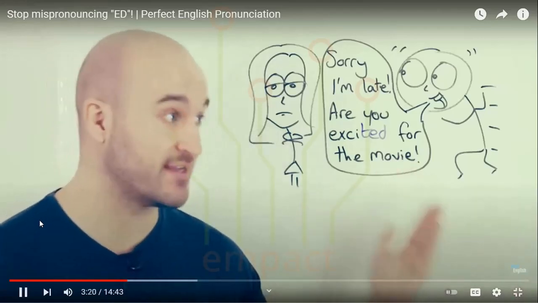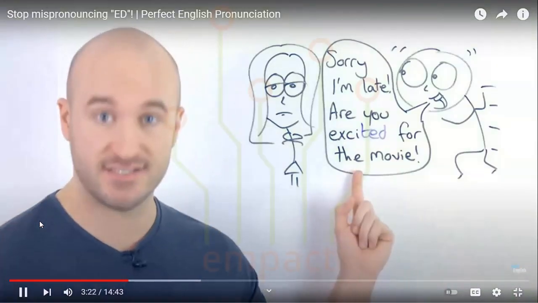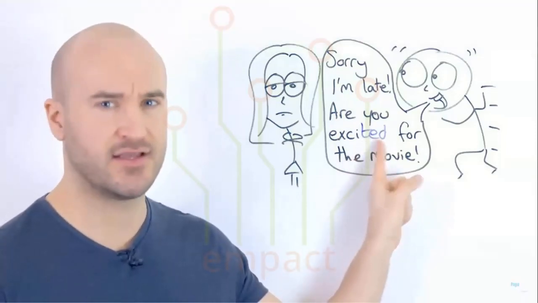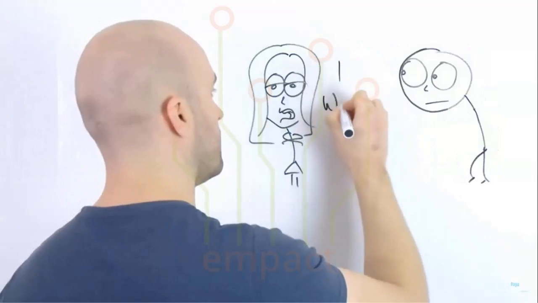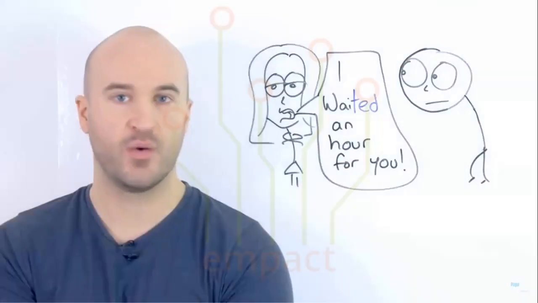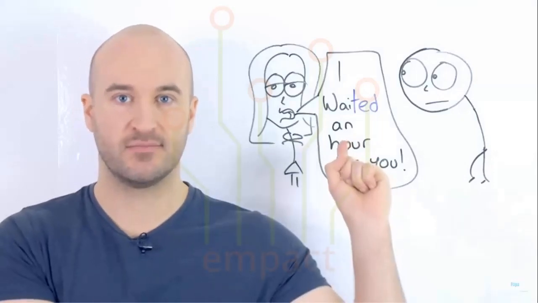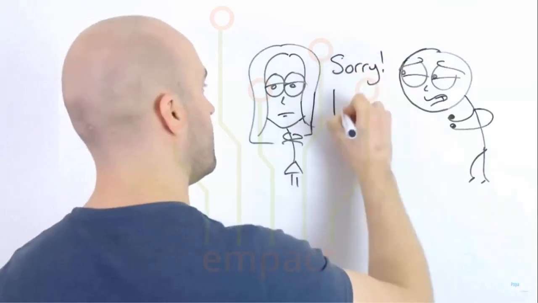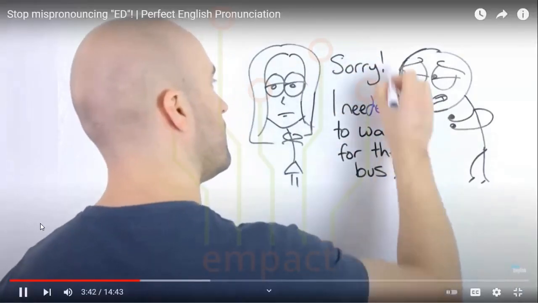Sorry I'm late. Are you excited for the movie? Excited. That's a t sound. So the ed, id. Excited. I waited an hour for you. Waited. T, id. Waited. I'm sorry.